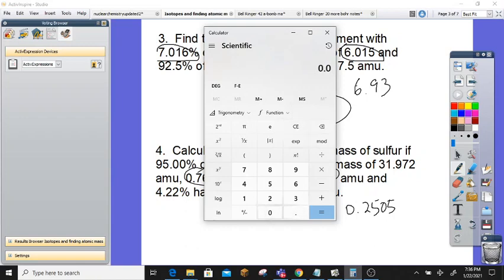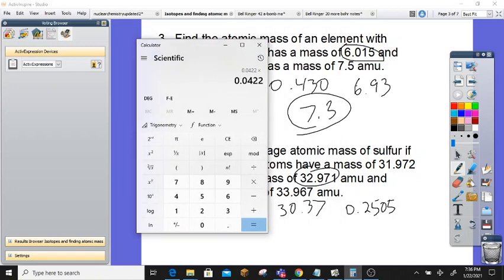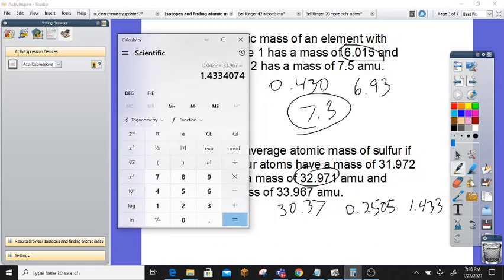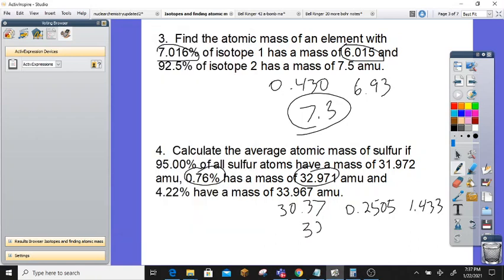And 4.22% is 0.04. And I moved it over 2 times to the left, times 33.967, 1.433. And if we add them up, 30.37 plus the others, we get 32.0.